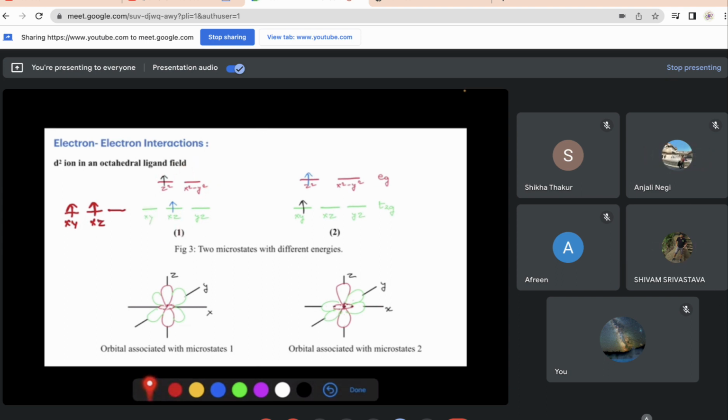the transition from T2G to EG can happen in two different manners.